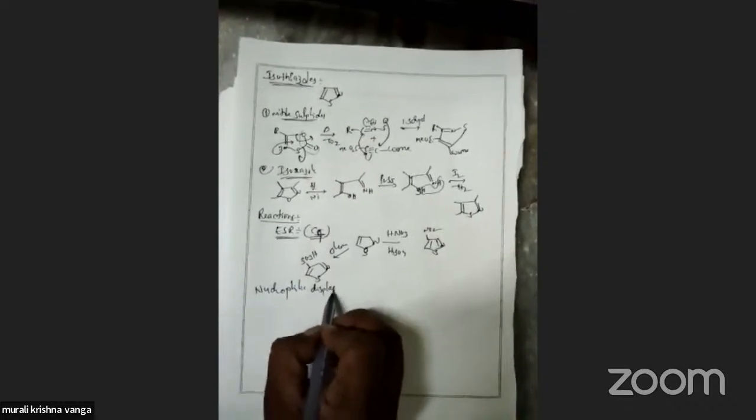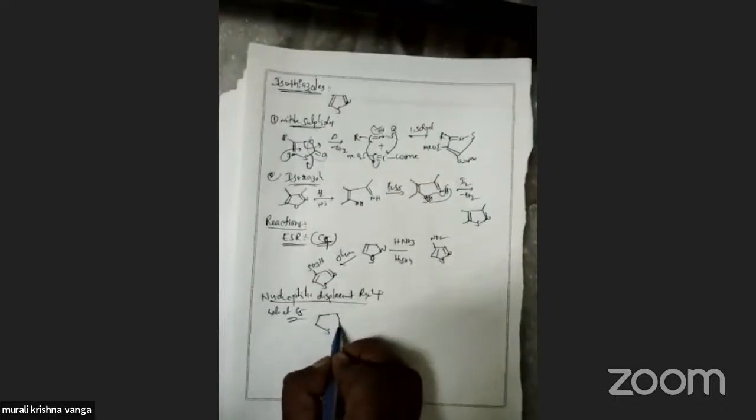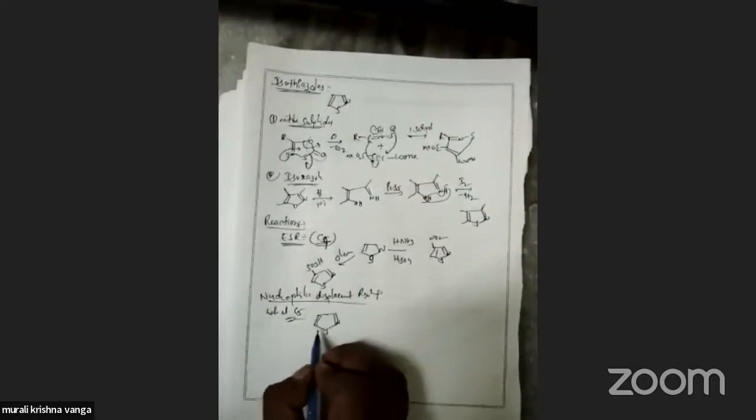Nucleophilic displacement reaction. A halogen at the C5 position undergoes nucleophilic displacement when reacting with primary amines.